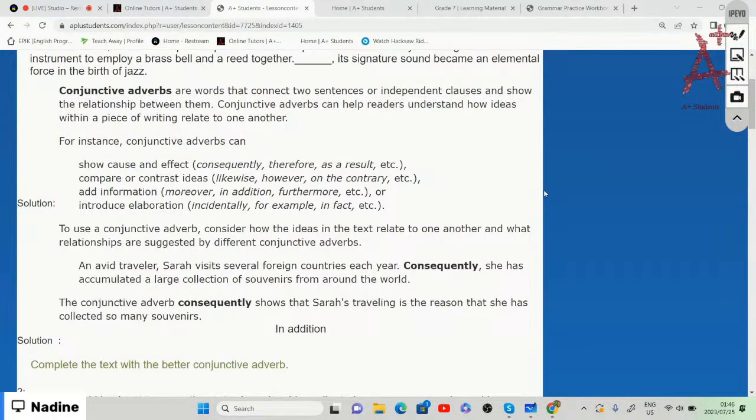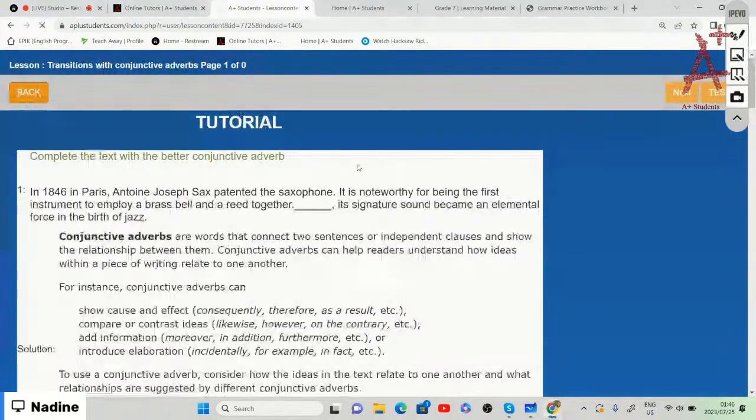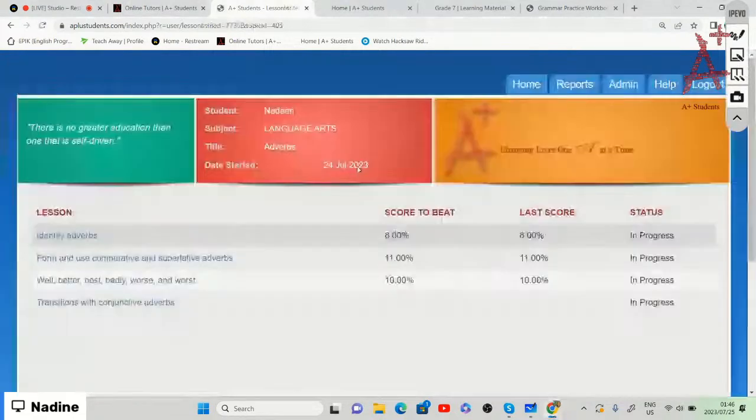All right, so that is basically the end of our lesson on adverbs, right? Where we identified adverbs, where we had to form the comparative and superlative adverbs, right? By either adding er or est, where we added more or most to the words, where we identified comparative or superlative adverbs by using well, better, best, badly, worse, or worst, right?